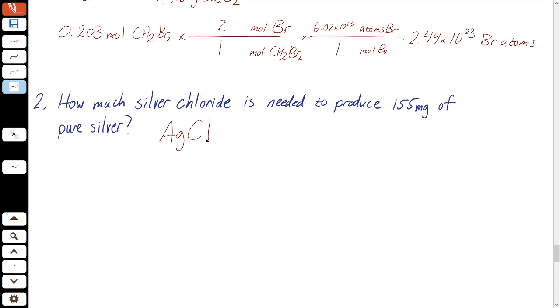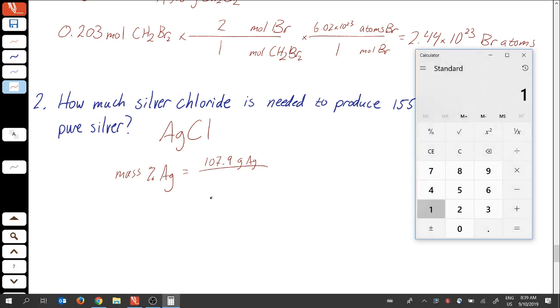Once we know that, then we can get the mass percent of silver in silver chloride. So that's going to be the mass of silver, 107.9, in silver chloride, which is 107.9 plus 35.45.